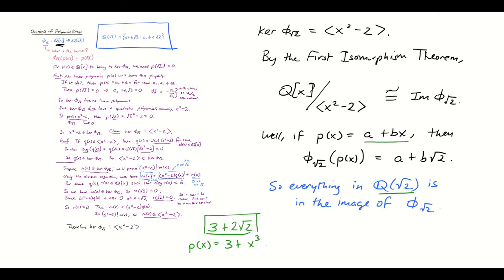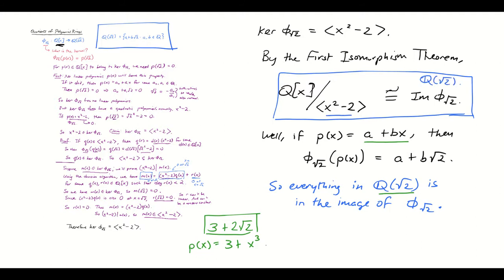There we go. So anyway, the point of all this is the quotient of this polynomial ring by the ideal generated by x squared minus 2 is exactly Q adjoin root 2, because that is the image of this map. Everything that this map gives me is going to be some rational plus some rational times root 2. And every number that is expressible as rational plus rational root 2 is in the image of this phi sub square root of 2.